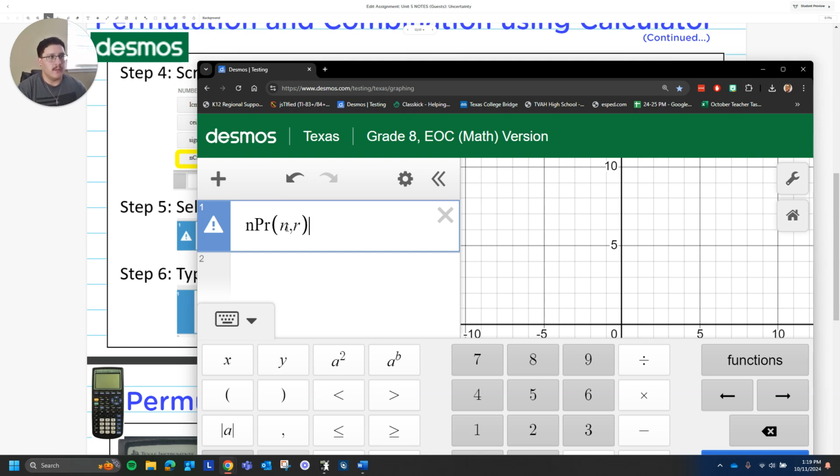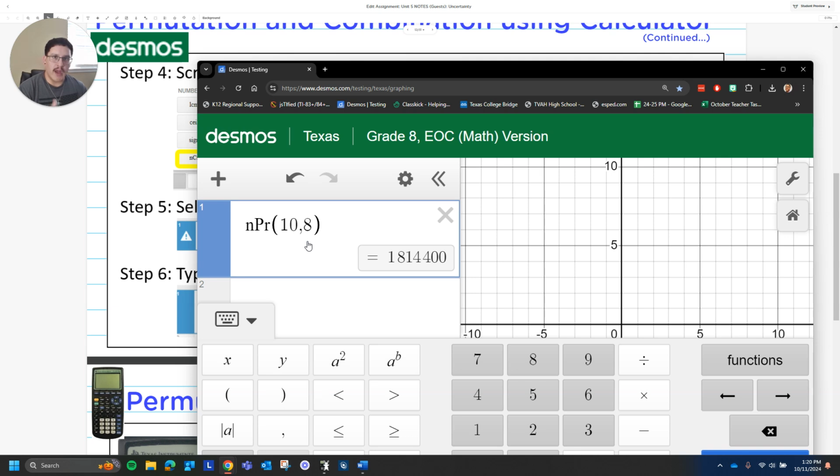N is your pool of numbers, how much you're choosing from, and R is what you're choosing. So let's say we have a pool of 10 things, and we're choosing 8 for permutation.